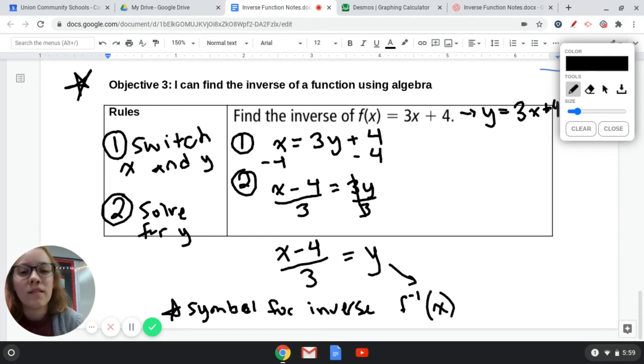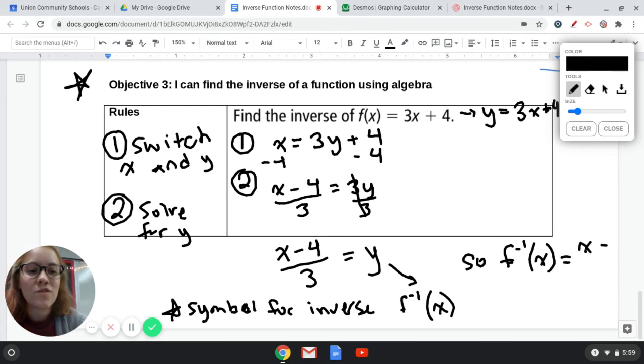And this is like this new y. So our inverse function is going to be f inverse. That's how you say this, you say f inverse of x, that's what these little parentheses are on the x side, so of x, it's a function of x. So f inverse of x equals x minus 4 all over 3.